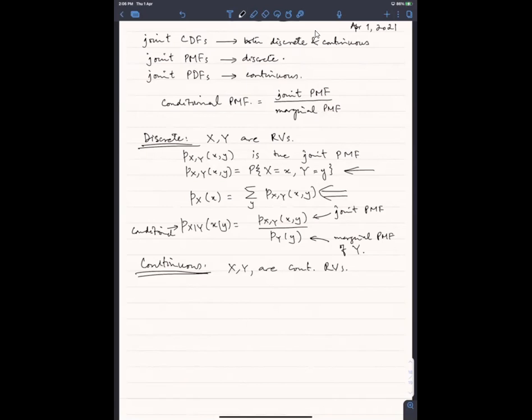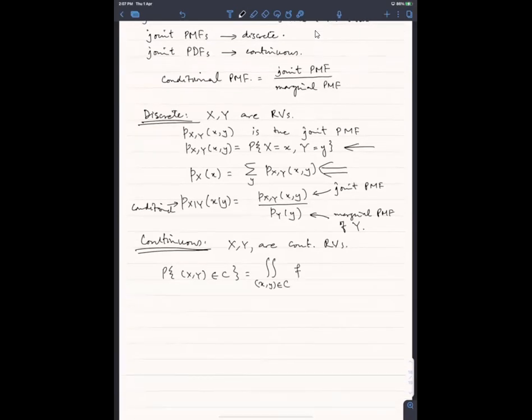However, it is defined as follows: the probability that (X,Y) belongs to a region C, if there is a function f_XY(x,y) which for every C satisfies this equation, that the probability of (X,Y) belonging to C is equal to the double integral over that region C of this function, then this function is called the joint PDF.